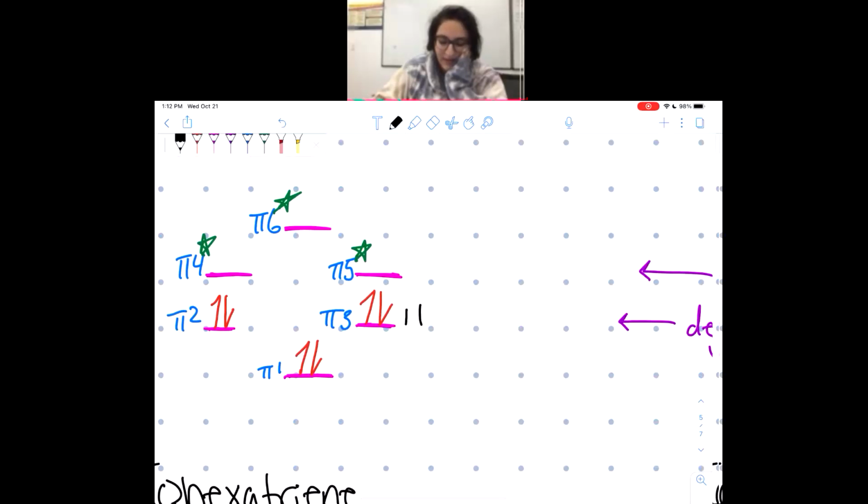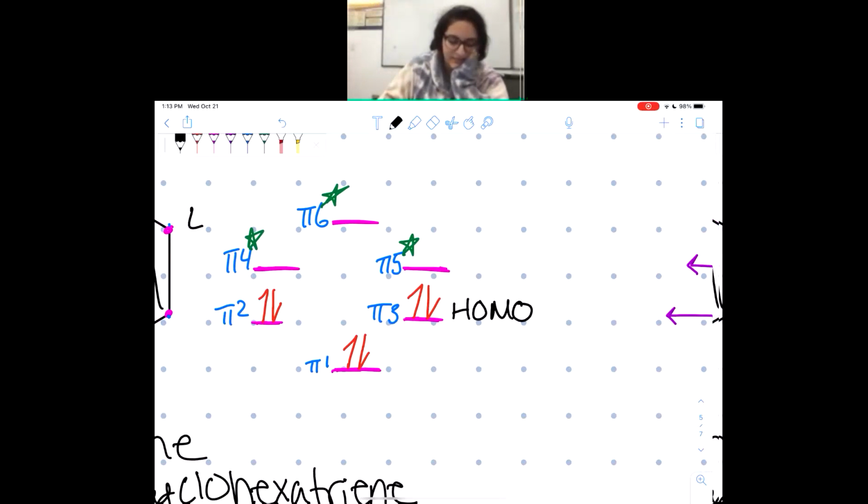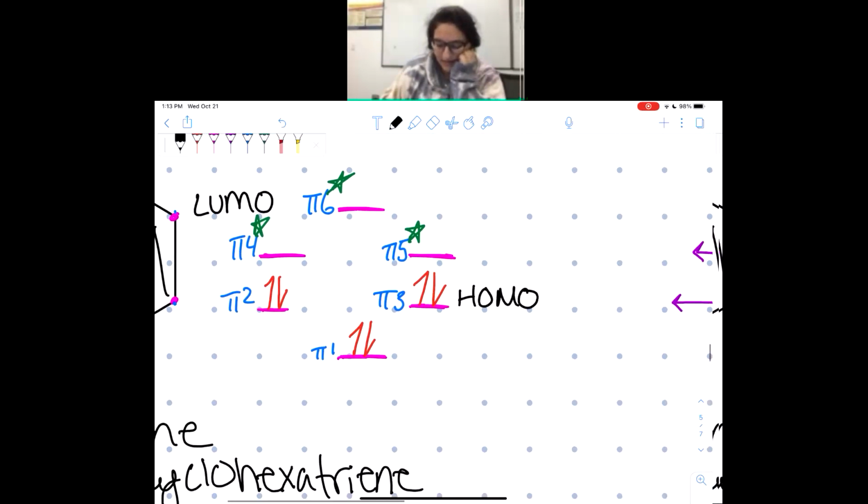But Pi 3 will be the HOMO. And so which one will be the LUMO, the lowest unoccupied molecular orbital? Pi 4, exactly. So this is going to be our finished diagram for the ground state.